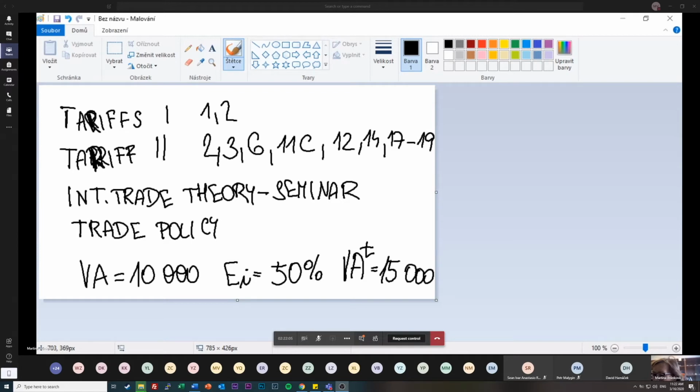It says by how much the value added increased with the tariff protection. The nominal tariff rate says that if, for example, the world price is 40 and the tariff rate is 10%, the price inclusive of tariff after the tariff imposition will be 44 in the domestic market.